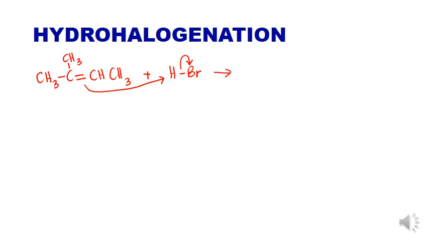So it will produce the carbocation. But remember that since in this reaction we have no presence of peroxide, it will follow the Markovnikov rule. Thus, the hydrogen atom will be added to the carbon of the carbon-carbon double bond with the greater number of hydrogen atoms.